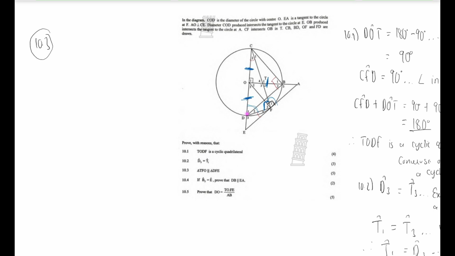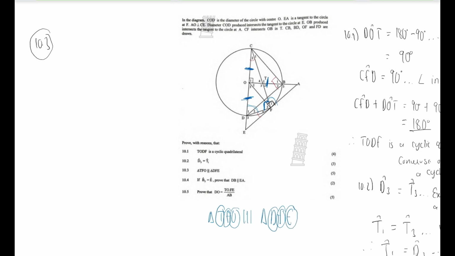We have triangle TFO similar to triangle DFE. This is what you're supposed to prove. Already based on the structure, you know that T is supposed to equal D, F is supposed to equal F, and O is supposed to equal E.